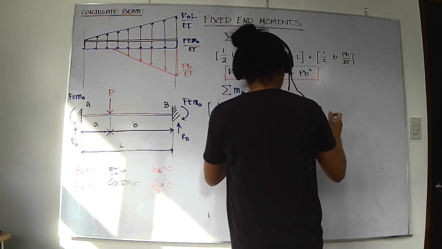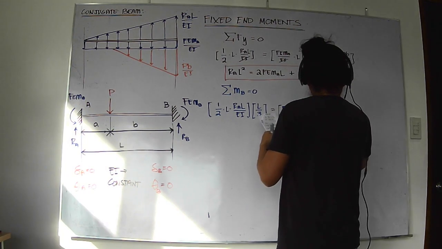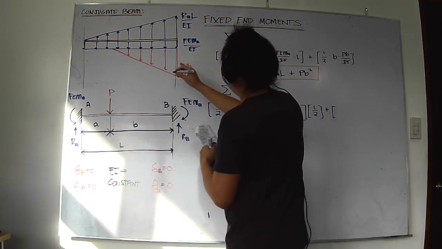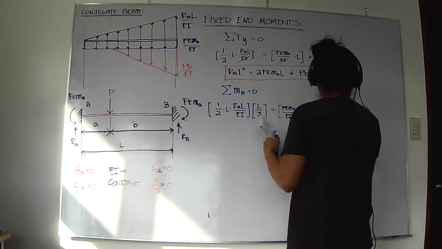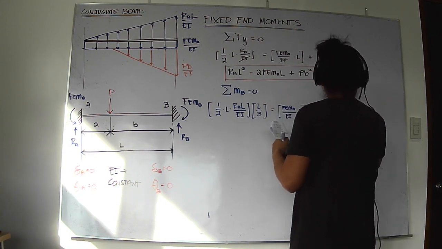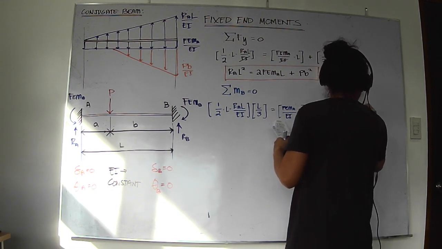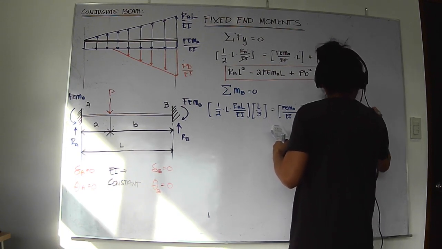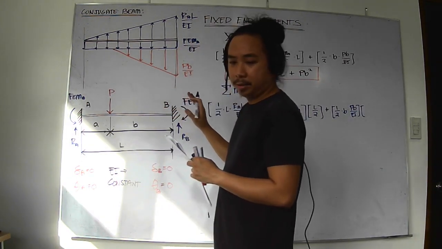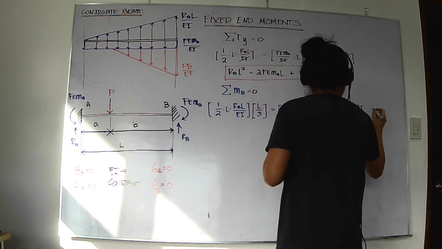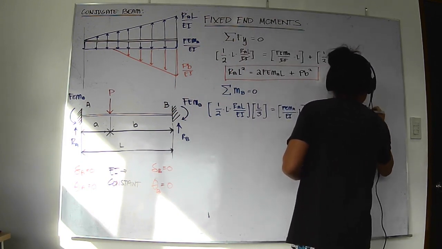That should be plus the area of the red triangle, which is 1/2 times base times height, PB over EI, multiplied by its moment arm, which is just B over 3. Okay? B over 3, 1/3 of B.